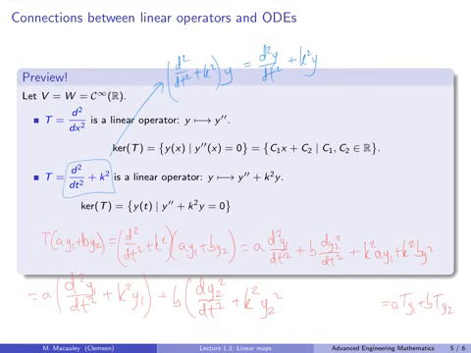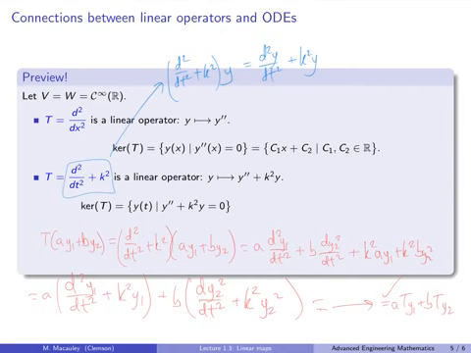Oh, I forgot my 2 over here. And notice that this is indeed a times T of y1 plus b times T of y2, and so yes, this checks out. This is indeed linear.